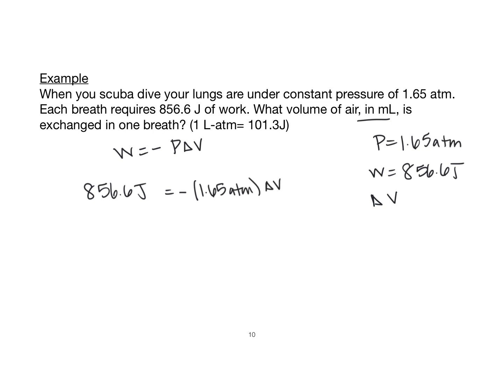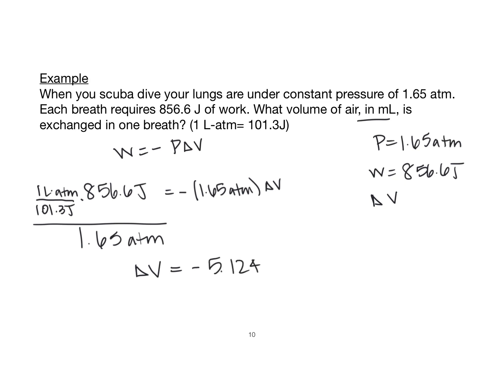We're going to need to convert joules. There are 101.3 joules in 1 liter atmosphere, and we divide by 1.65 atmospheres. This gives us that delta V is equal to negative 5.12489 liters.